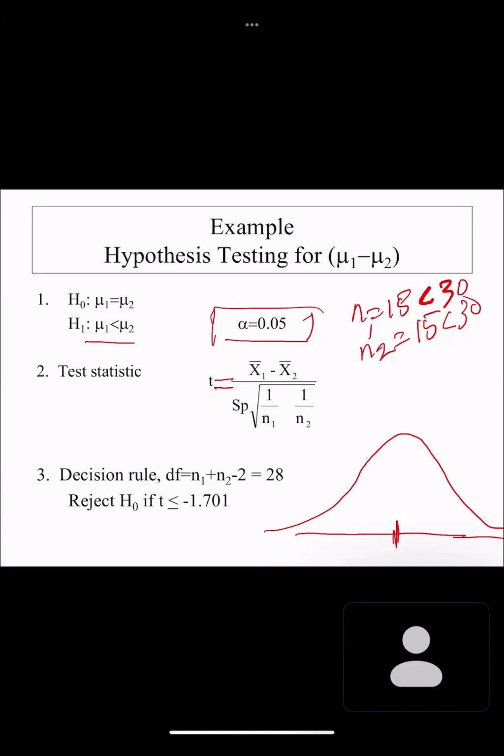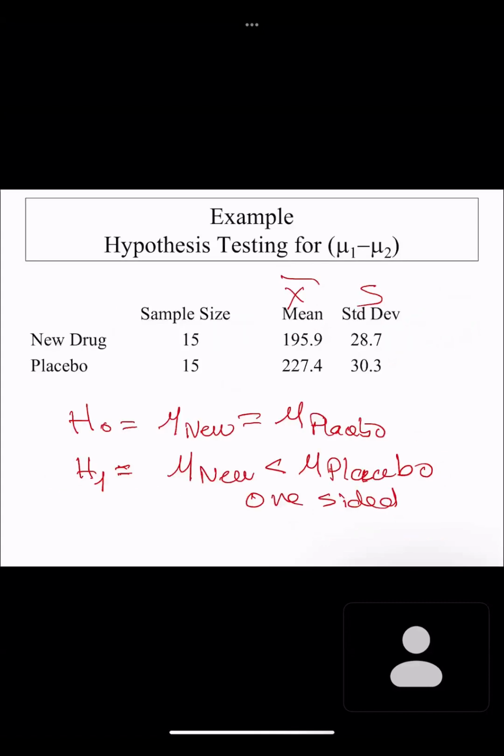So I convert. Look at what I'm doing here. X bar 1 minus X bar 2 is the absolute difference between those two, right? It's 227, or actually 195, it doesn't matter. So it's 195 minus 227.